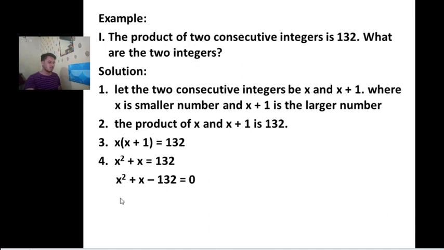Now, we will factor. We factor x squared, so we have x, x. So we set up a factored form. We use parentheses. And now, take note that the sign of our constant term is negative.